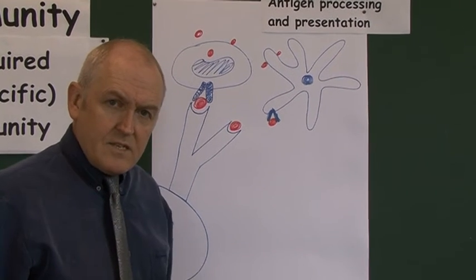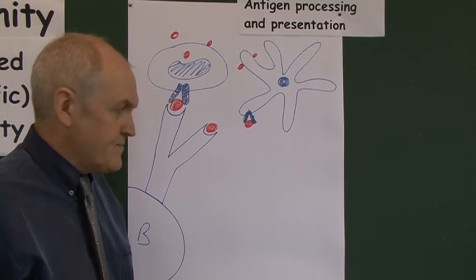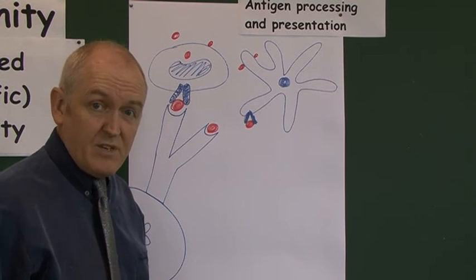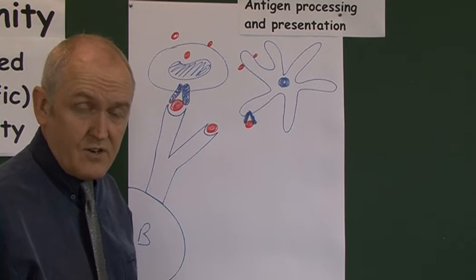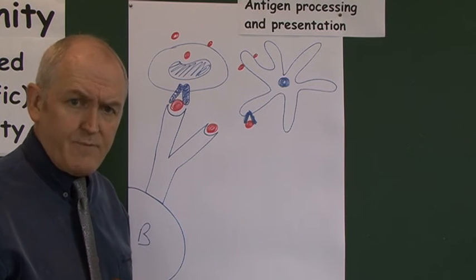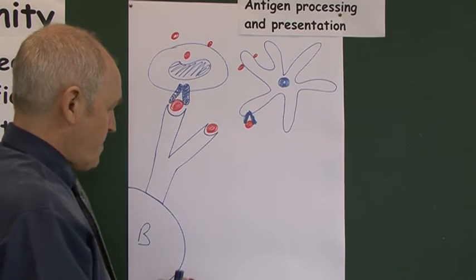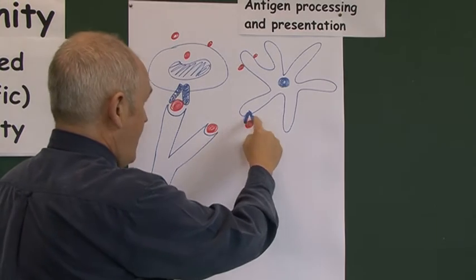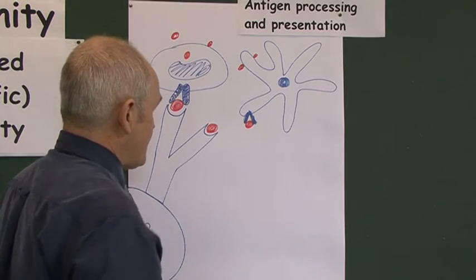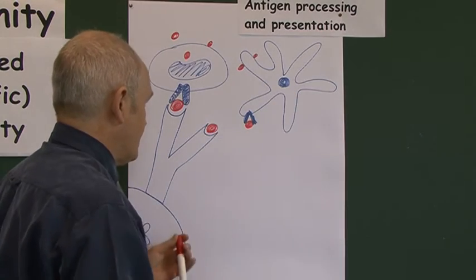But with T cells, antigen presentation is absolutely essential. The T cells, remember the T helpers, the T suppressors, the T cytotoxic cells, will only be activated to undergo clonal expansion if they are first activated by a combination of the MHC protein and the antigen, in this case presented by the dendritic cell.